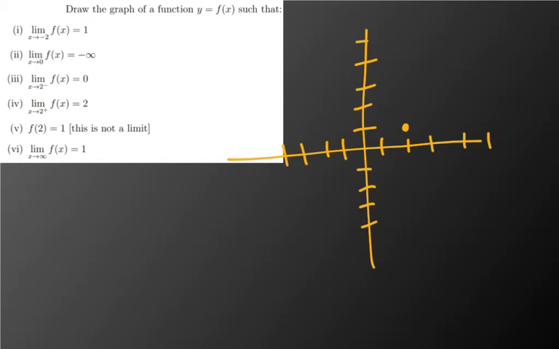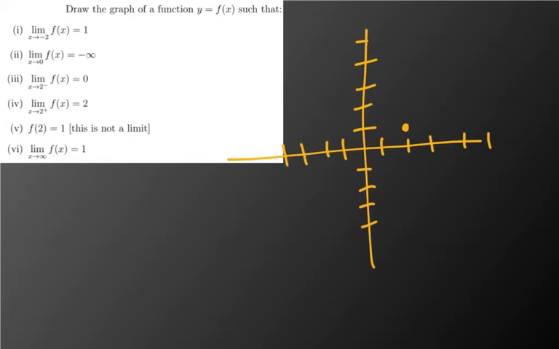But the rest of these are limit things, and so I'll go through and read them and talk about what they mean in the picture. So this first one is saying, the limit as x approaches negative 2 of f of x is 1. So that means that as you get close to negative 2 in the x, over here, the function value is basically 1.